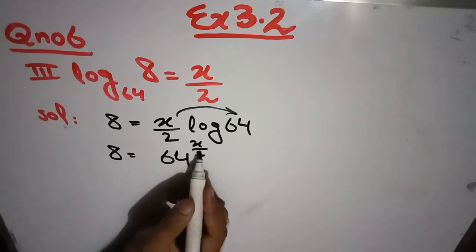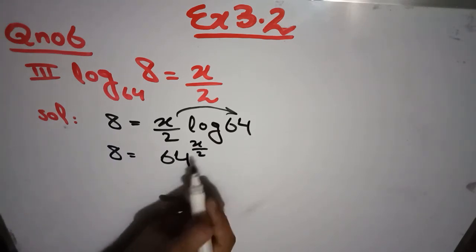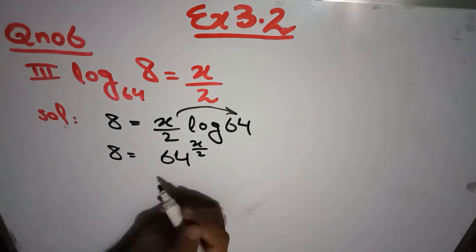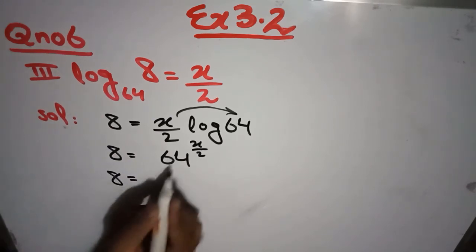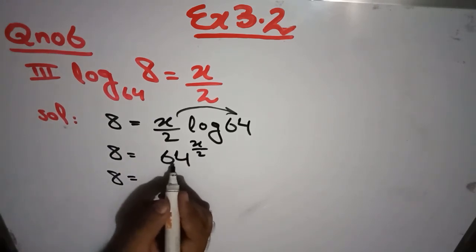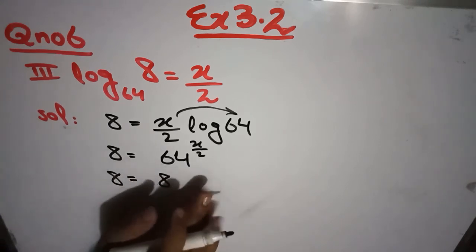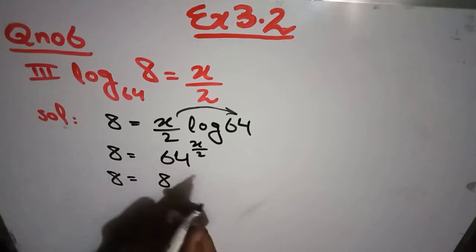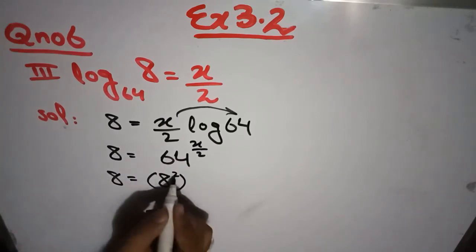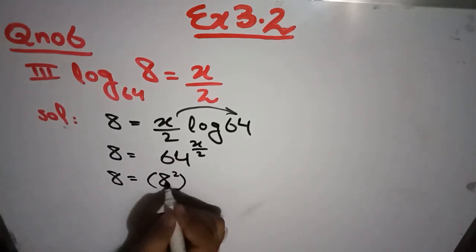I am taking the square, and how will I take the square? By making the form like you have 64 is the square of 8, so I am not taking the square of both sides, I am just changing the form of the 64. So 8 square, 64 can be written as 8 square.